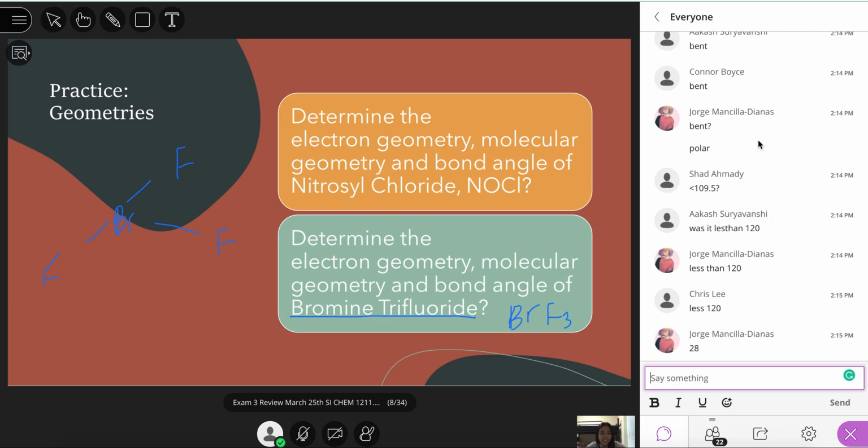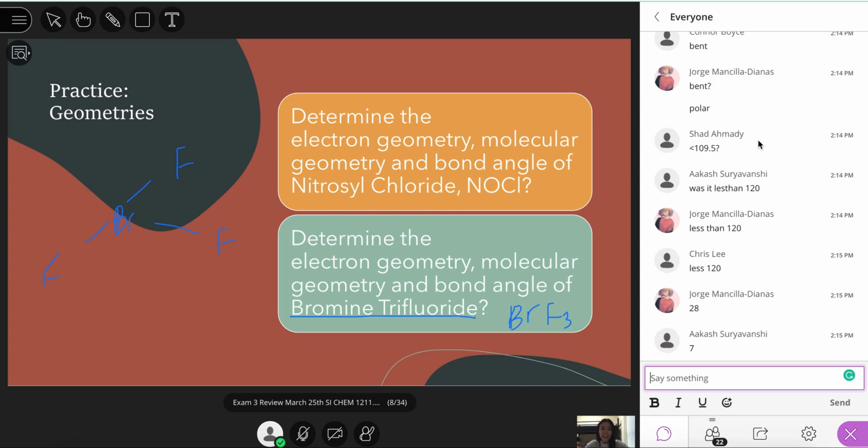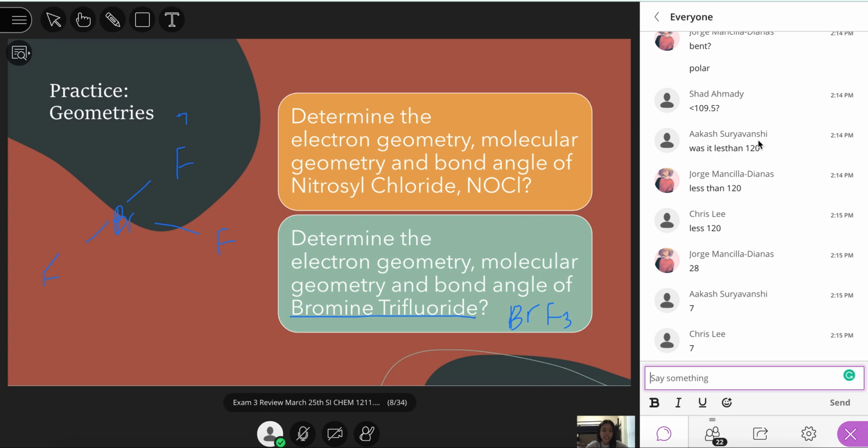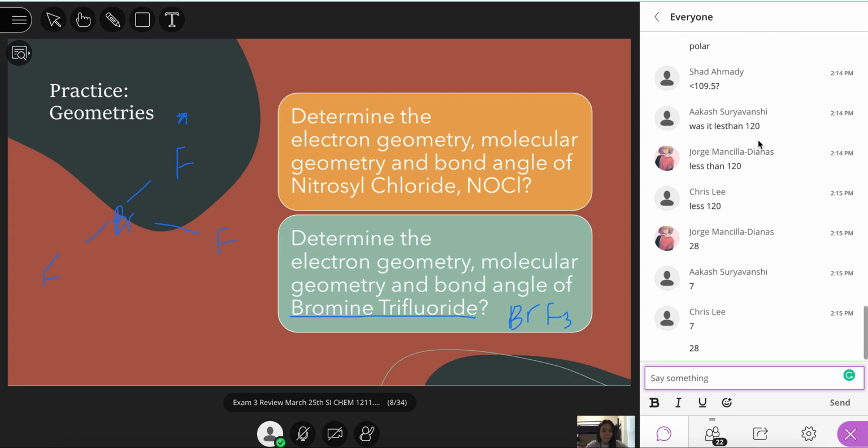Okay, what's the valence electron on F? Does anyone remember? It's the same one as you. Yep, 7. And then what about Br? 7. Yes, exactly. So once you do all that, you multiply it, the final answer will be 28. Yes. Jorge is just fast.